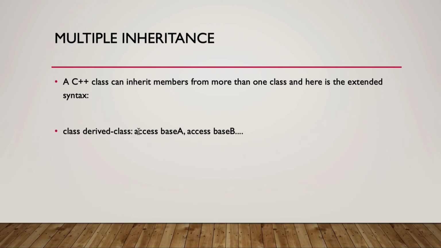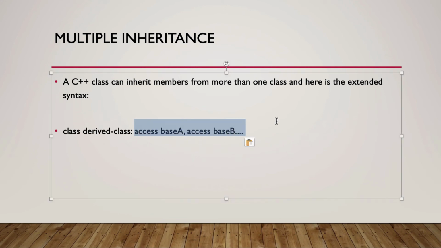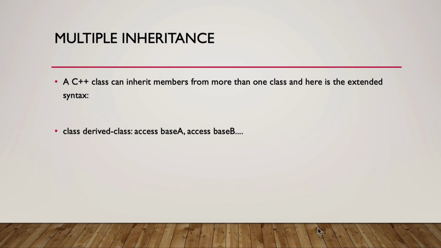So basically you just list every base that you're inheriting from and use the comma as a separator. Access is one of public, protected, or private, and would be given for every base class, and they will be separated by commas as shown. So let's go to the code and try an example in this case.